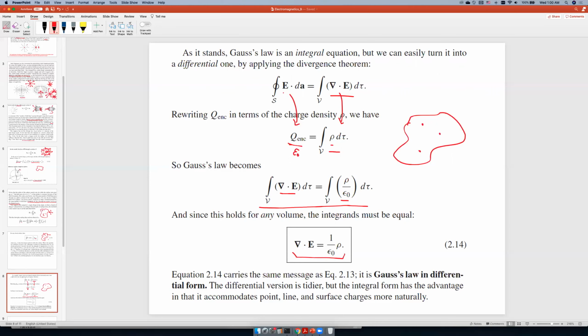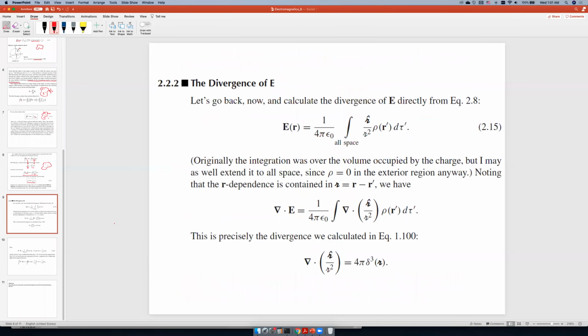So here, del dot E equals rho over epsilon 0. That is the differential form of the Gauss law. Okay, now we have introduced both the integral form and the differential form of Gauss law.